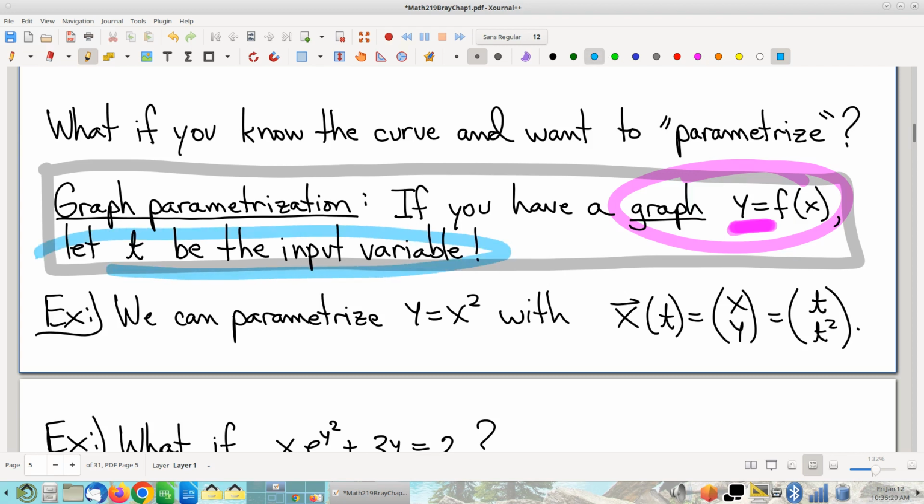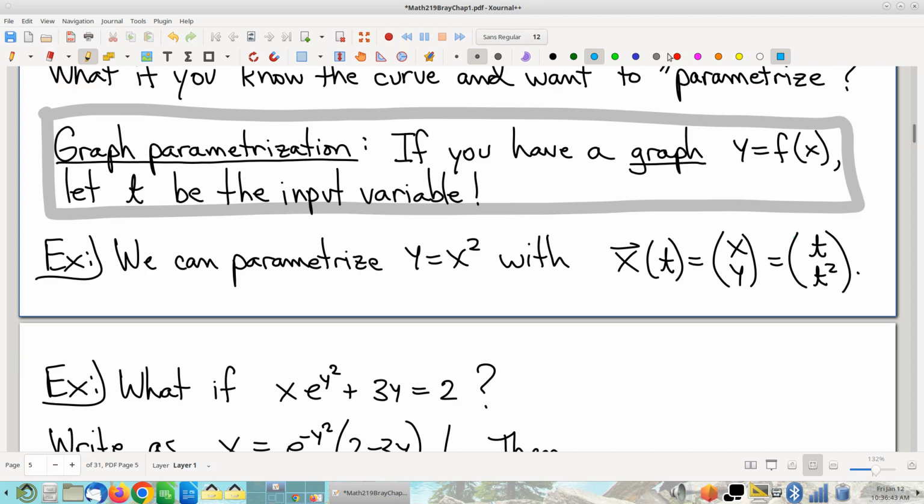Just let your parameter be your input variable. It's as simple as that. Everything will just fall into place kind of automatically. Let your parameter t be the input variable. So in this case, I would let my parameter t be x. Now let's see how that plays out. Here's an example.